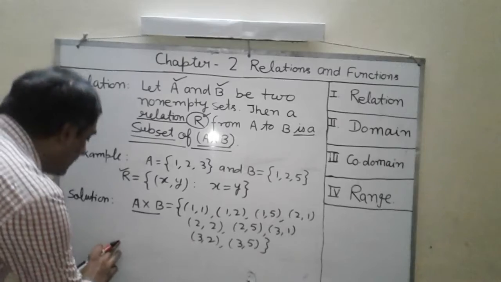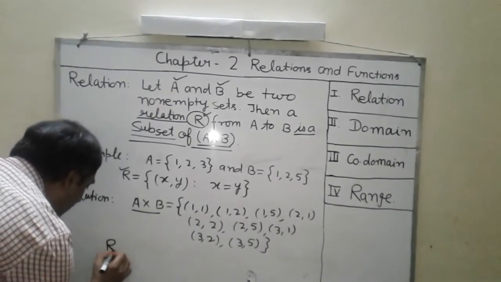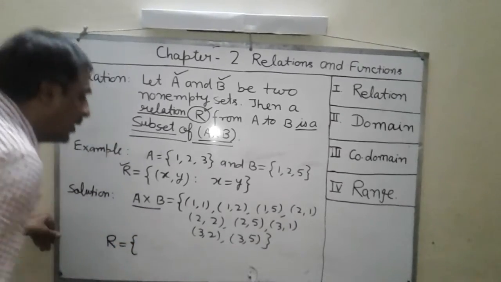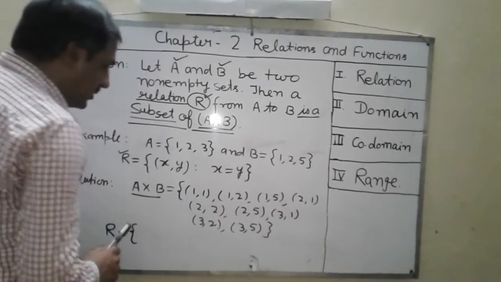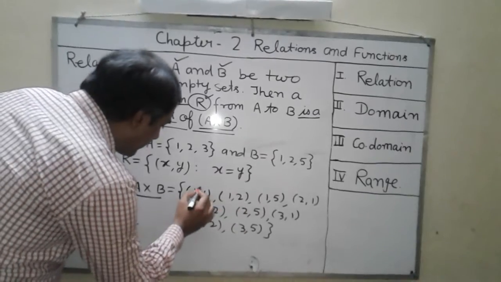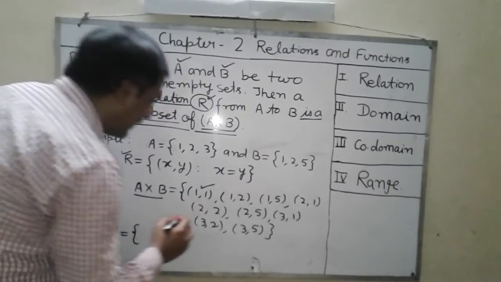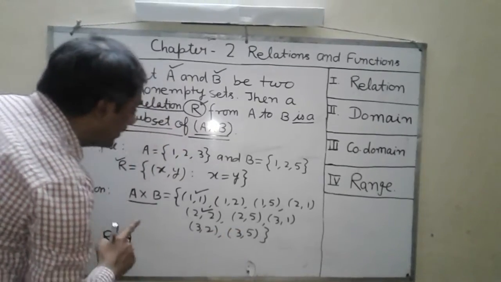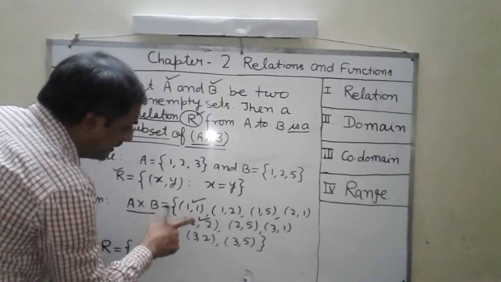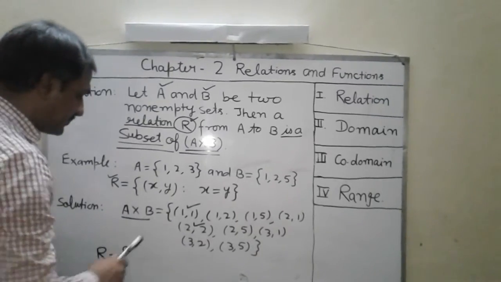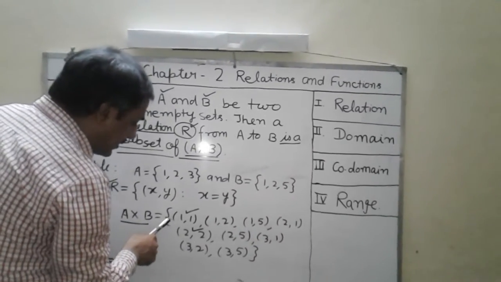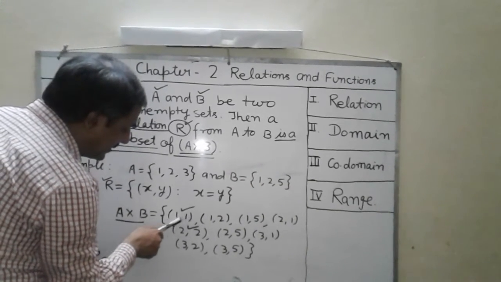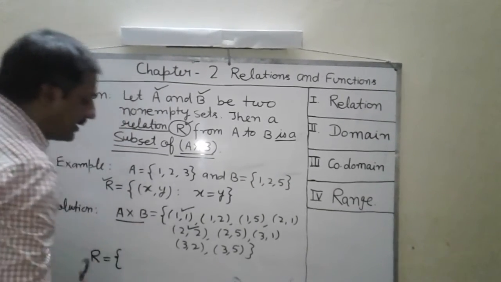Here R is equal to, we will write only these two ordered pairs, (1, 1) and (2, 2), because the first element and the second element of each of these ordered pairs are equal.